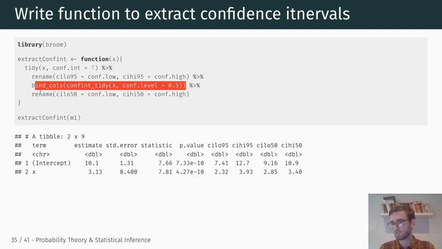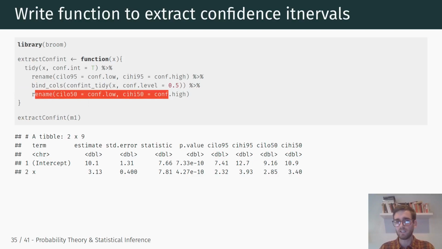Then I rename those accordingly as well, and the resulting tibble of this extract confint function, if we use this just with our M1, which is just the first model based on the first sample that we took, is a 2x9 tibble with, again, our estimate, standard error, and so on, including two confidence intervals, one for the 95% level and one for the 50% level.